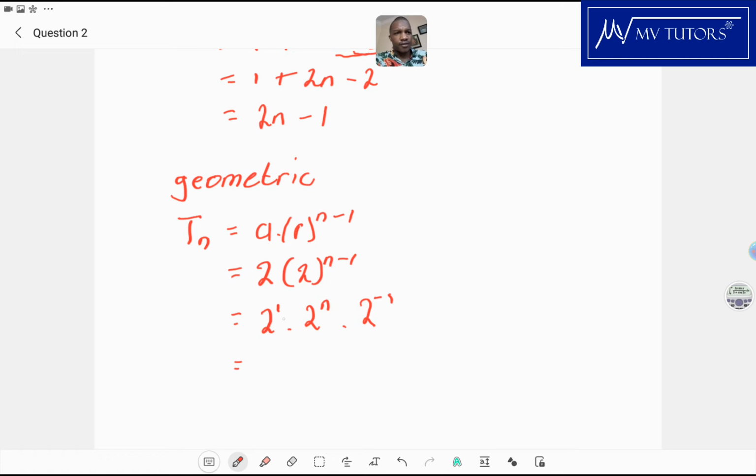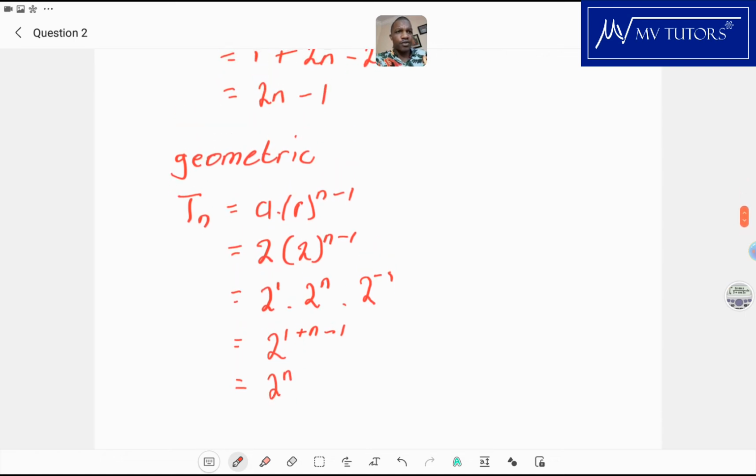If we have the same bases, and the bases are 2, it means we can add the exponents. So it's 1 plus n minus 1. 1 minus 1 is 0, so we are really just left with 2 to the power n.